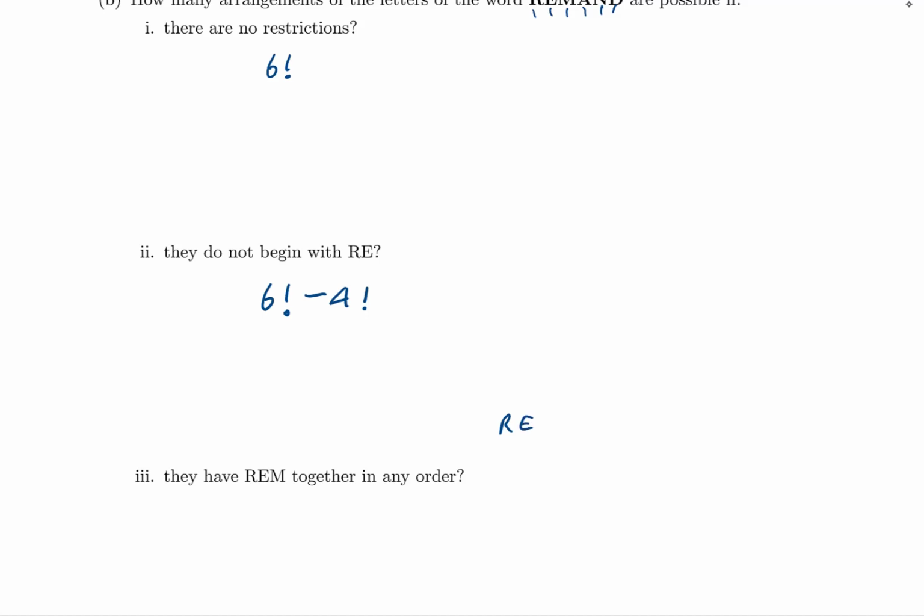Suppose REM AND as an example, or you can have ERM AND, or MER AND, or A REM AND. You can change the order of REM and keep the rest the same. Similarly, you can think of this further.